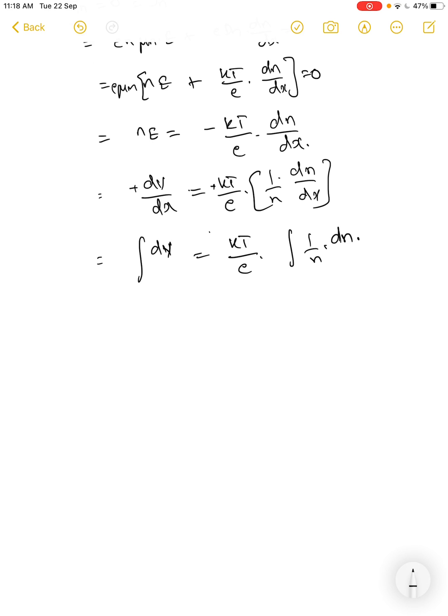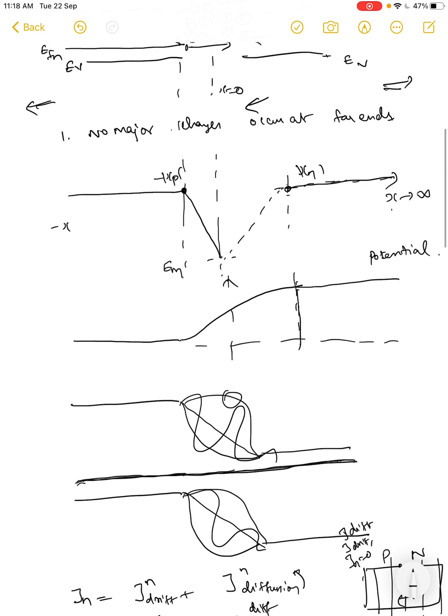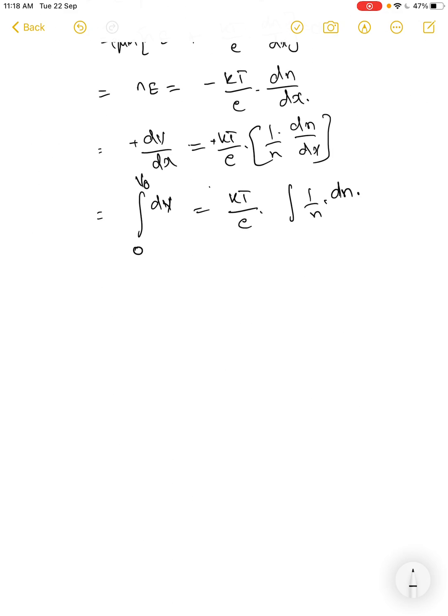And you can see that the potential profile should change from 0 to some value V0, in line with what we thought it should be here. At x equal to minus infinity it is obviously 0, and at x equal to plus infinity it reaches some value. So it turns out to be like this.